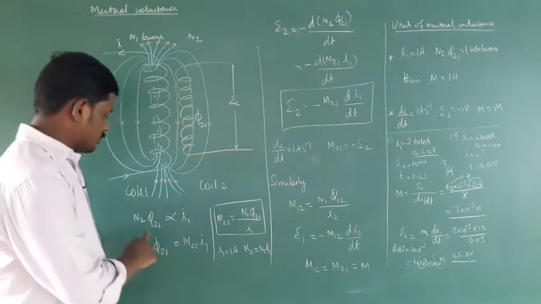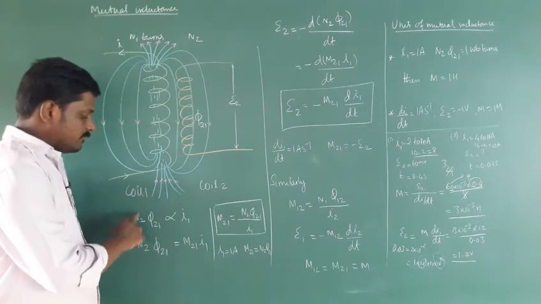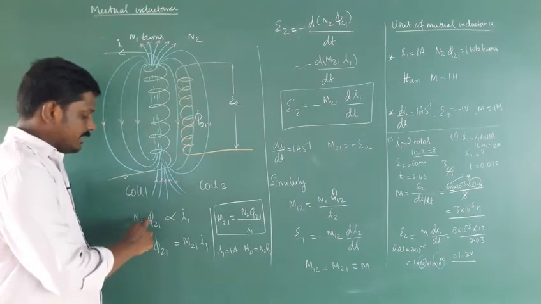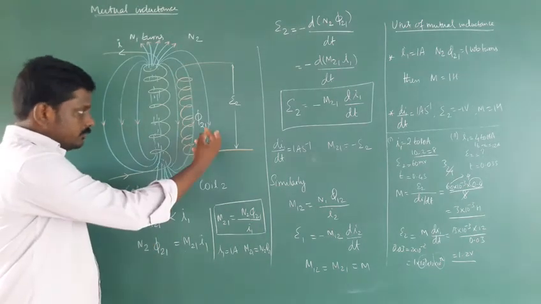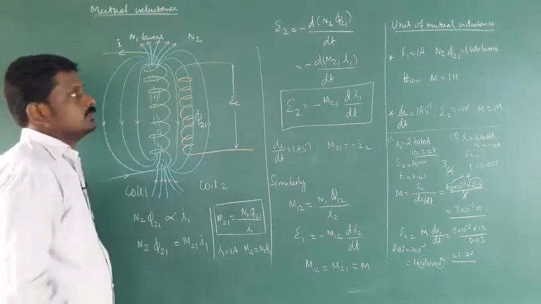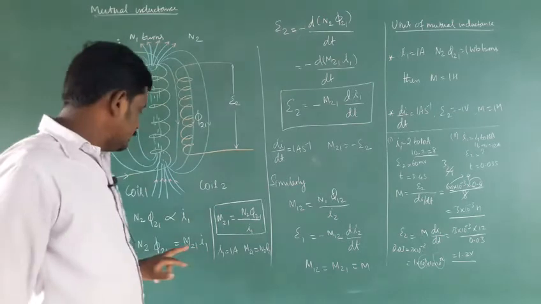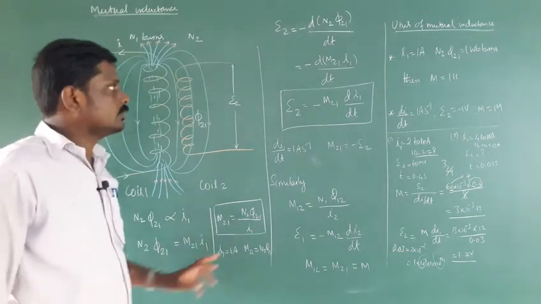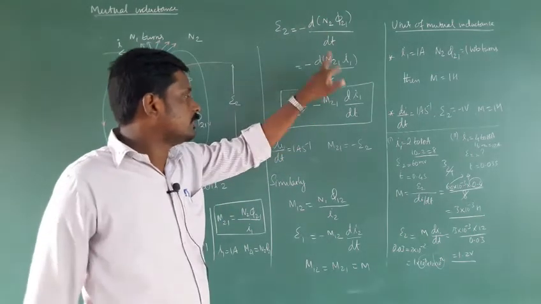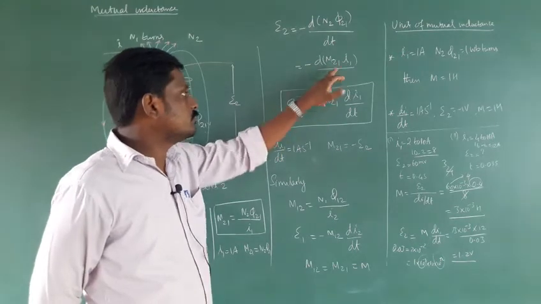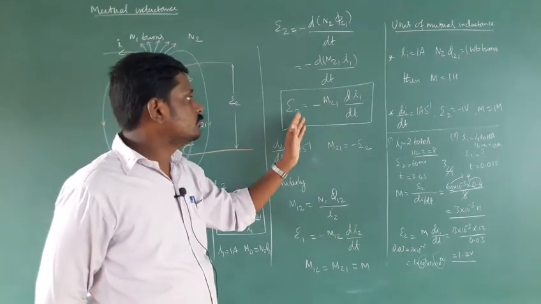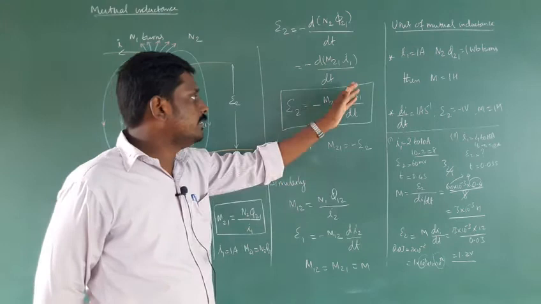Coil 2 has N2 turns, and there is magnetic flux in coil 2 due to the current I1. So N2 phi 21 is equal to M21 I1. Replacing it and taking the mutual inductance outside as common, that is minus M21 dI1 by dt.